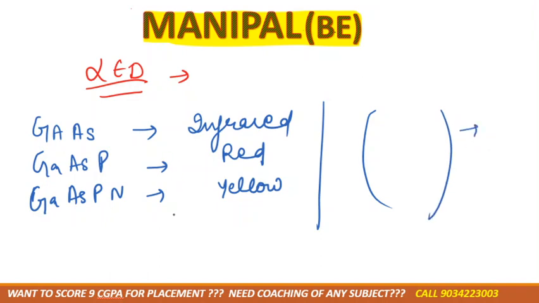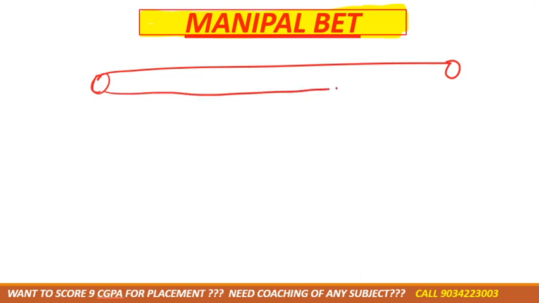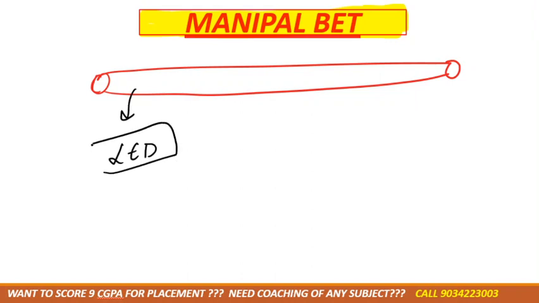So now what are the advantages? You will remember earlier a big tubelight was used, right? But nowadays they have replaced the bigger tubelight by LED. Can anyone tell me the reason why we replaced the CFL or the big tubelights with LED? One of the advantages is power saving, because those consumed a lot of electricity and this consumes very little electricity.